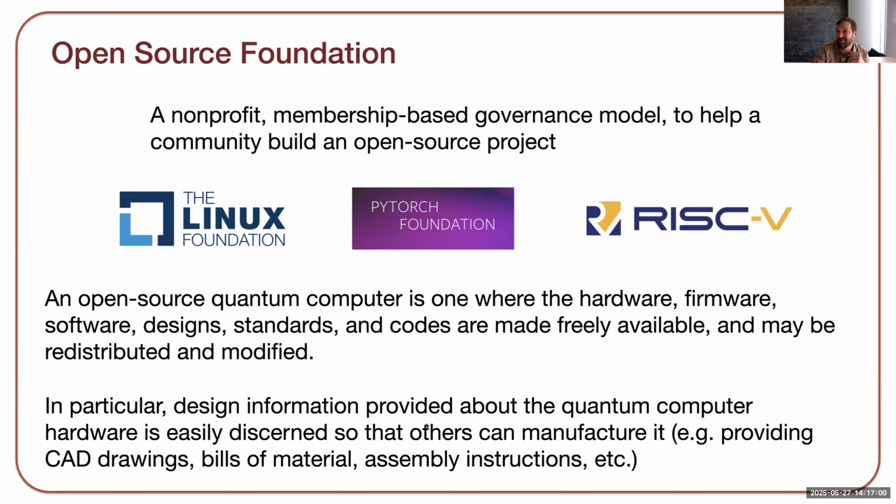And I would argue, you could imagine there's all sorts of open source stuff going on in quantum computing, but in particular, I think what makes something like RISC-V special is the idea that design information is released in a way that should allow you to manufacture. In RISC-V, it's the case of the chip, but in our case, we really want you to manufacture the computer itself.